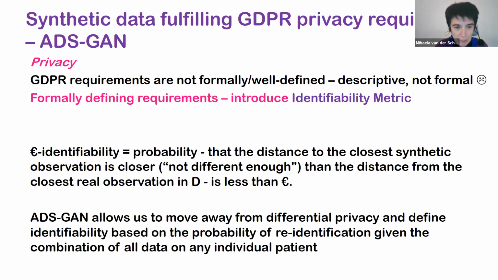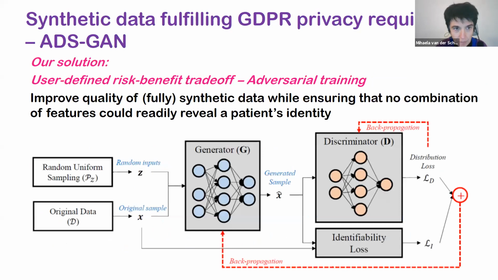Then what is important is that because we adopt such a metric of identifiability, in other papers we have used stronger ones such as differential privacy. Here we build on the basis of GDPR privacy guarantees on this epsilon identifiability to train the model in this ADS-GAN, which allows us to move away from this differential privacy notion that's very good but very strong, and define identifiability based on the probability of identification as defined by this epsilon identifiability.